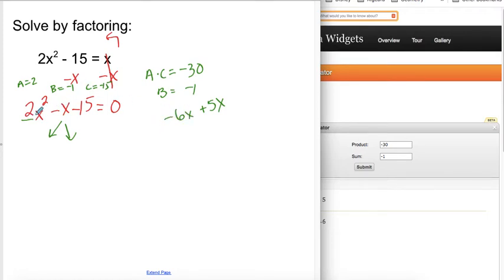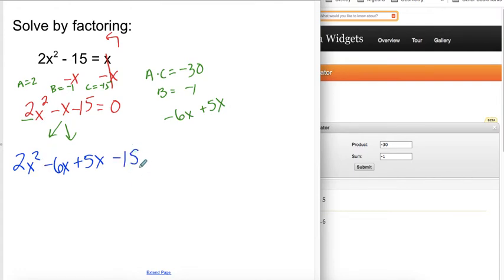They have a like term that you could divide out. And the 5 goes really well with that 15. So how I want to divide this up is I want to say 2x squared, and then I want to have the -6x. Then I want to have the 5x, and then the -15.